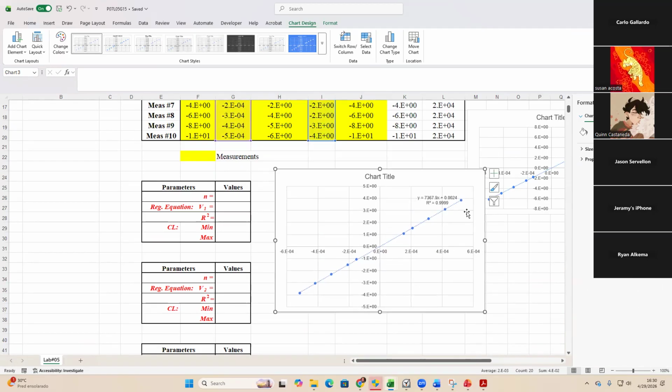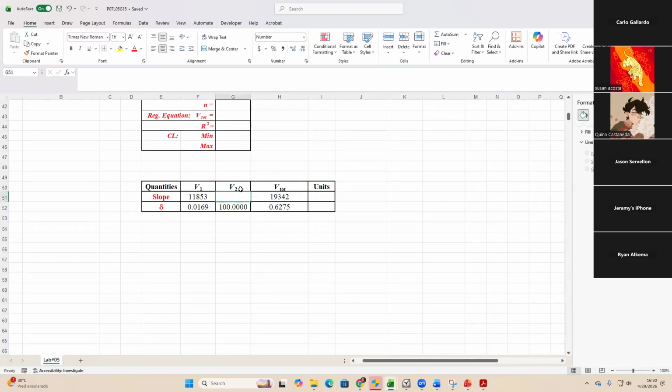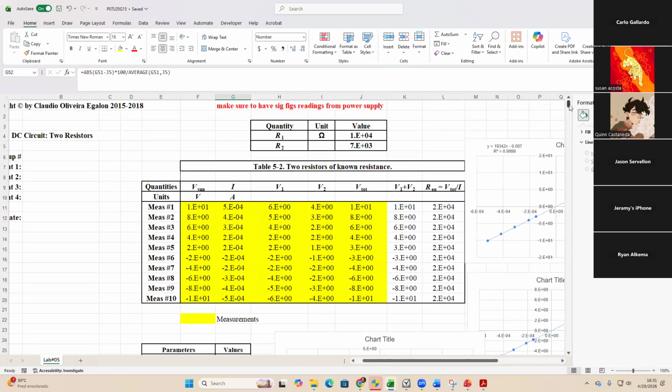Here you go, 7367. 0.04%. Right? Here you go, 7370. That's what we measured for resistor number 2. Okay.